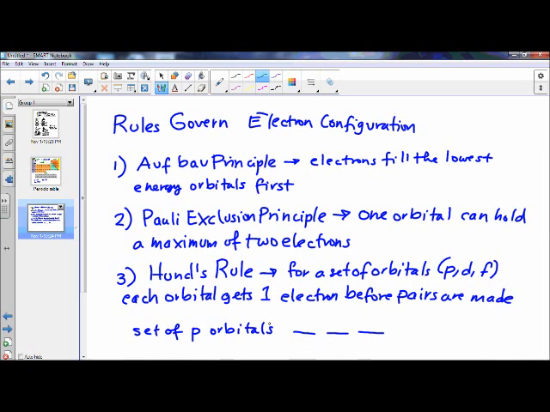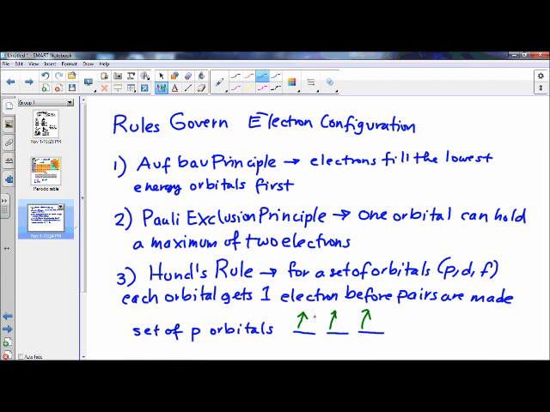If I fill them in with electrons, I'm going to use arrows to represent the electrons. So if I have 3 electrons going into a set of p orbitals, there'd be 1 in the first orbital, 1 in the second orbital, and then 1 in the third orbital. So I don't put 2 and then 1. I put 1, 1, 1.